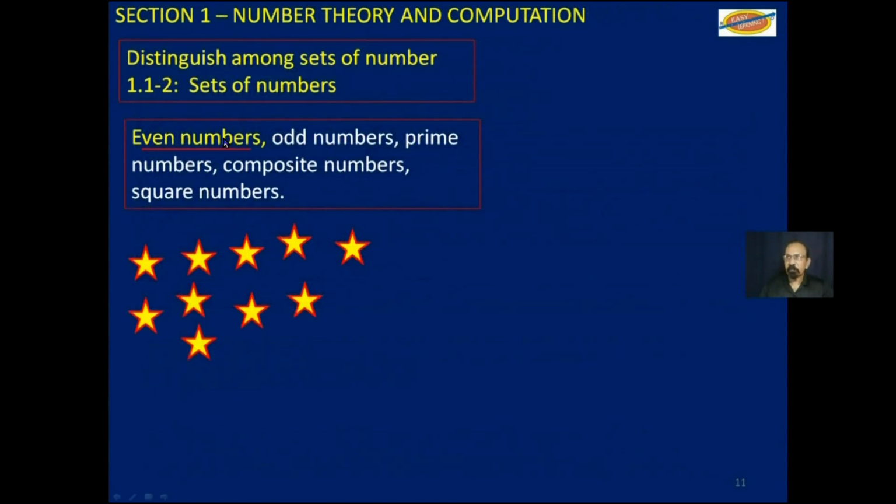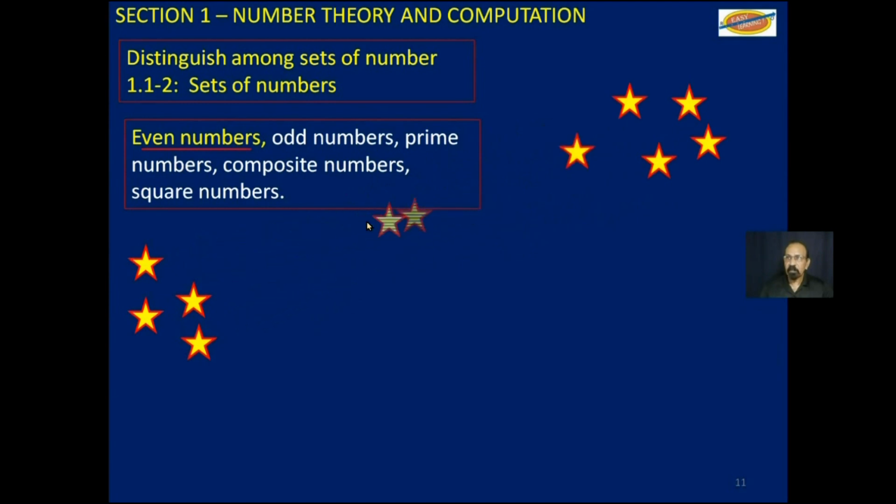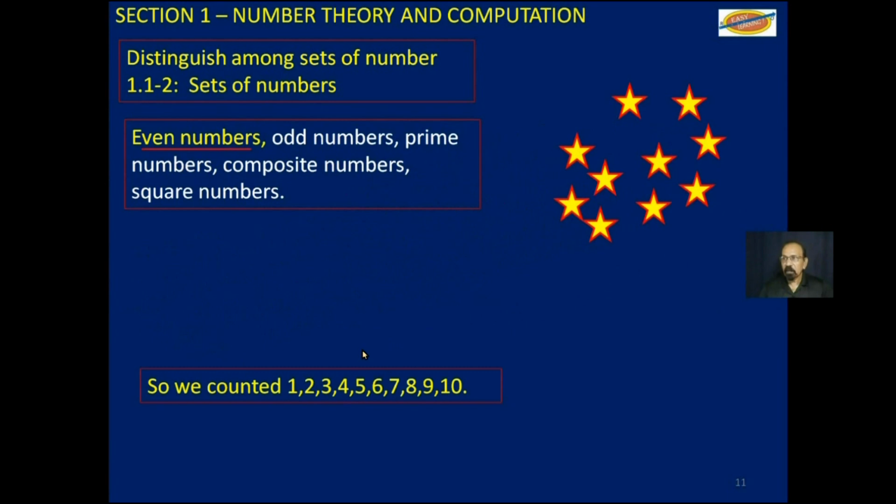What are even numbers? Now, if you have some stars like this here, and you were to count them one by one, you will count 1, 2, 3, 4, 5, 6, 7, 8, 9, 10. So we counted each individual star up to 10.